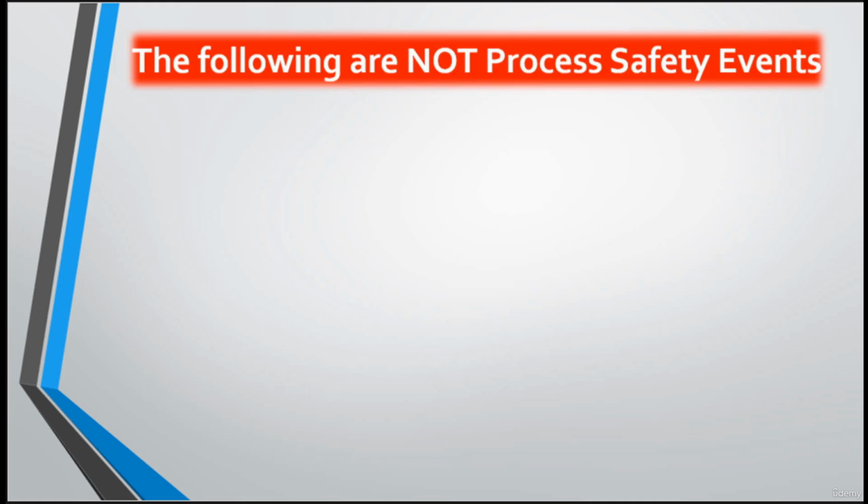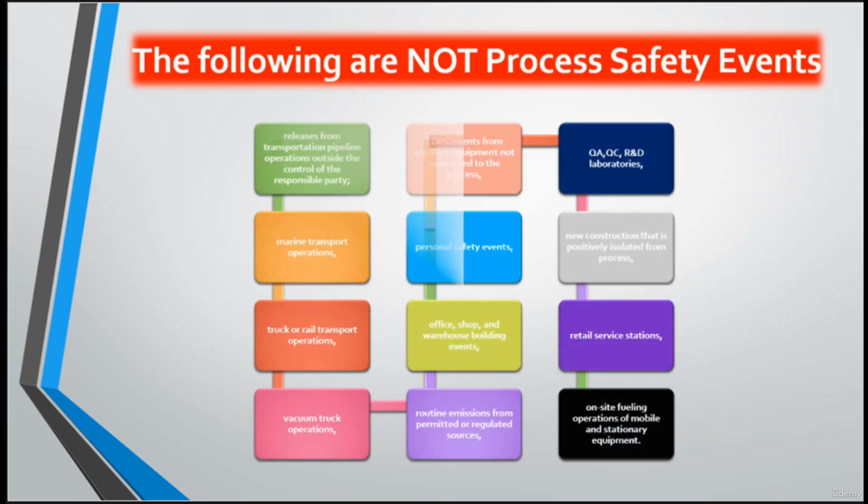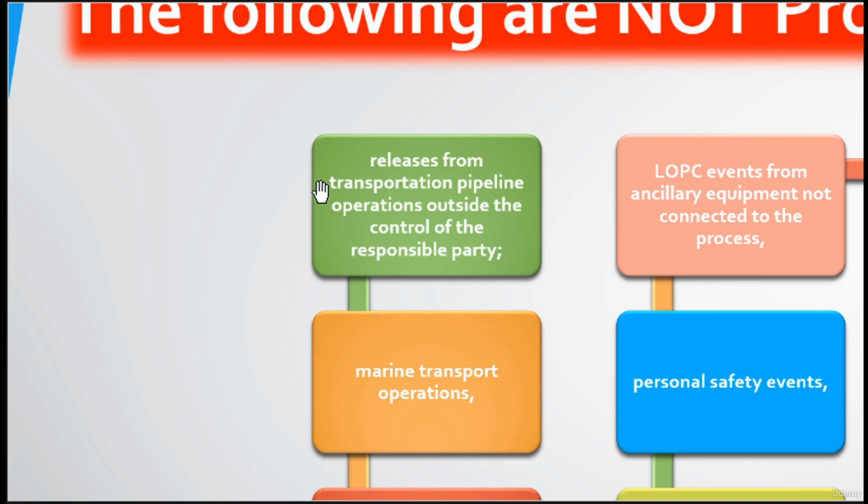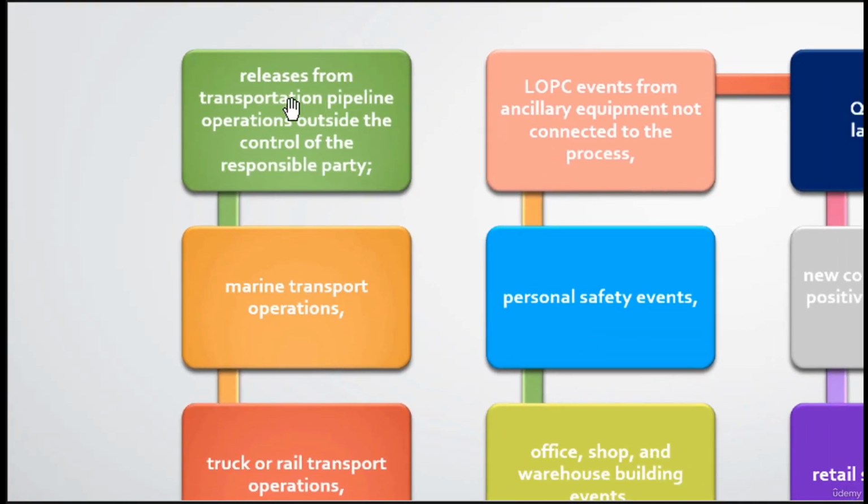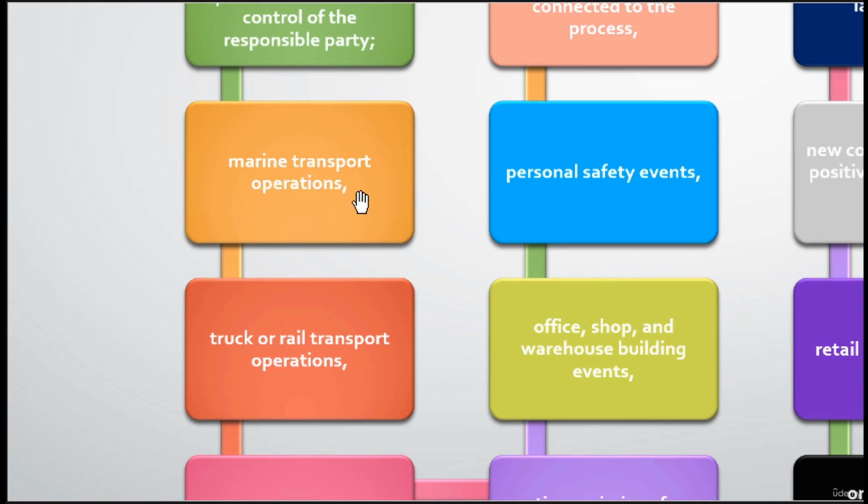So the following events are not considered to be a process safety event at all. The first one is releases from transportation pipeline operations outside the control of the responsible party. Number two is marine transport operations, but here we have an exception: when the vessel is connected or in the process of connecting or disconnecting to the process.